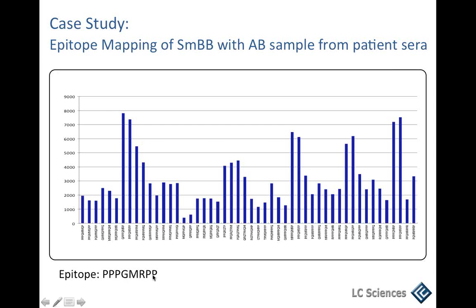It's PPGM-RPP, and if you look at the intensity data, that's exactly what we found here as well with our array. So the epitope is represented 3 times in the protein sequence. That's why it shows up here 3 times.